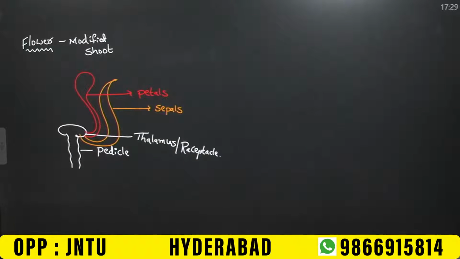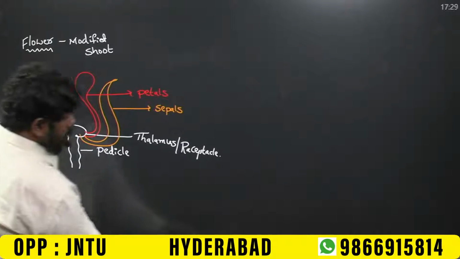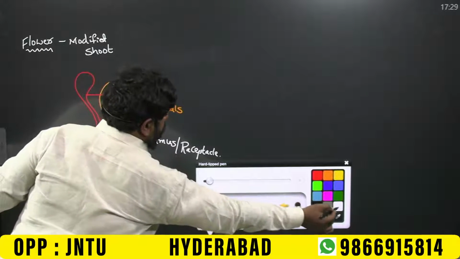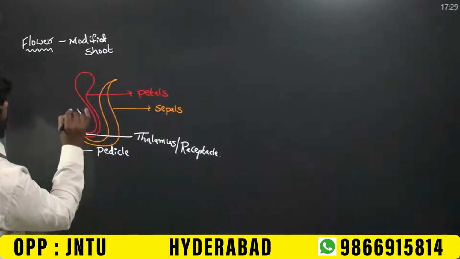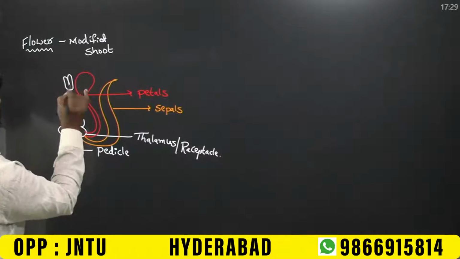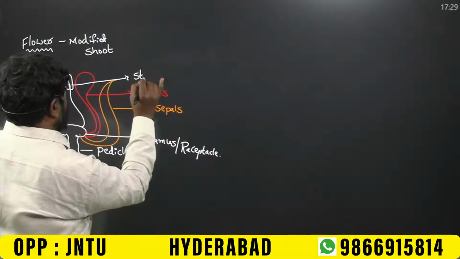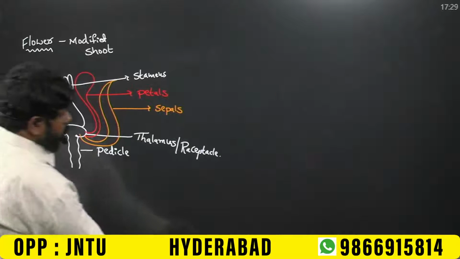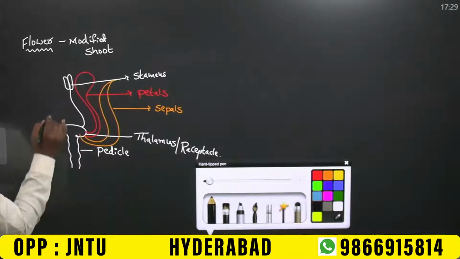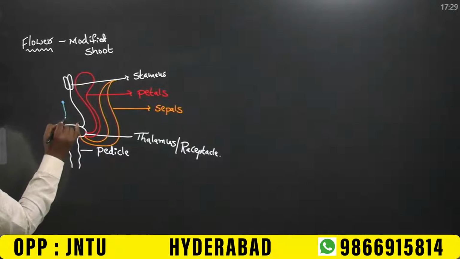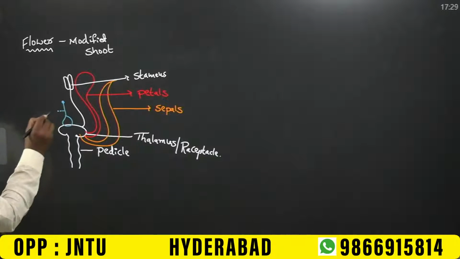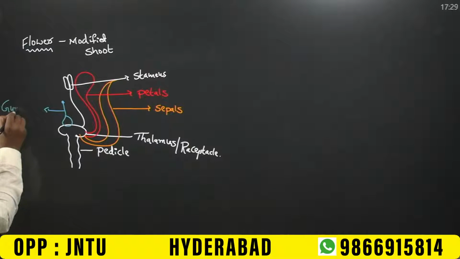From outer to third, stamens are present. Then finally, from outer to fourth, at the center, the gynoecium is present.